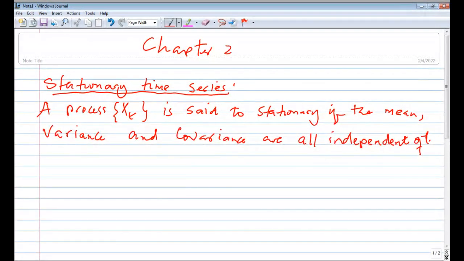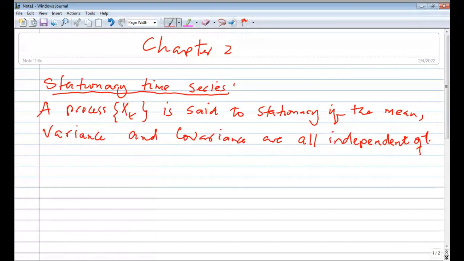When you find that the covariance depends on t, the whole process is not stationary. So for the process xt to be stationary, the mean, the variance, and the covariance must all be independent of t. I think that one is clear.